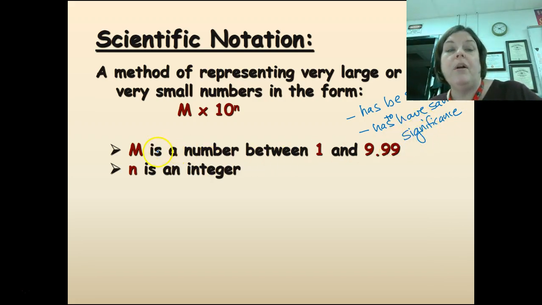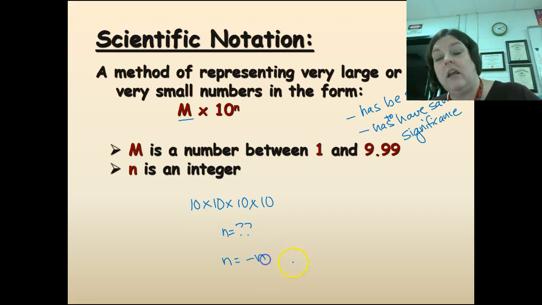So we put it in a format of m times 10 to the n. And what this literally means is that we're multiplying 10 times 10 times 10 times 10 times 10, however many times n is equal to. If n happens to be negative, then what we're doing is we're dividing by 10, by 10, by 10.